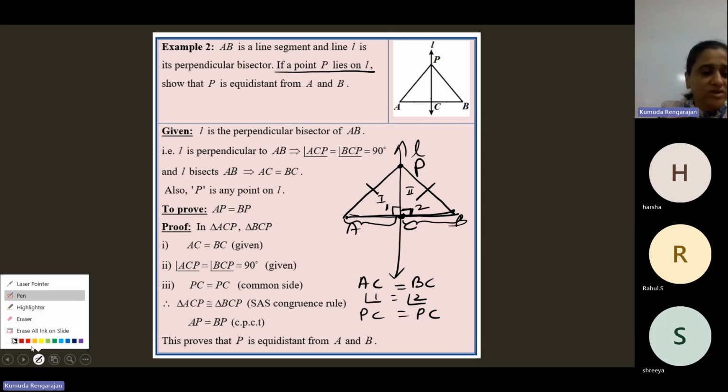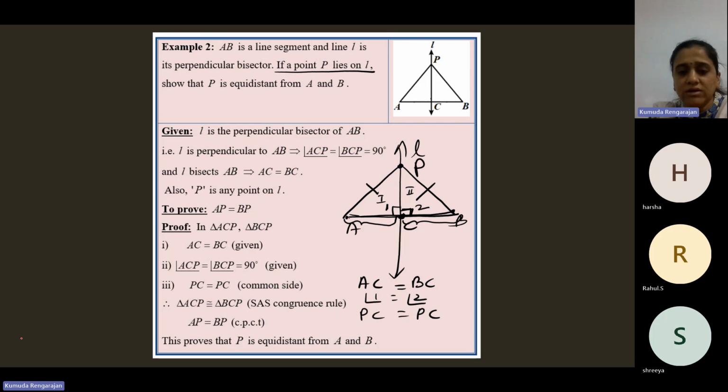So if you see in the first triangle, we have mentioned about AC and PC here. So angle 1 is the included angle for these two sides. And the second triangle we have mentioned about BC and PC. And for these two sides, angle 2 is the included angle. See here.